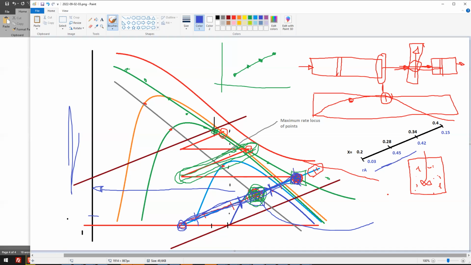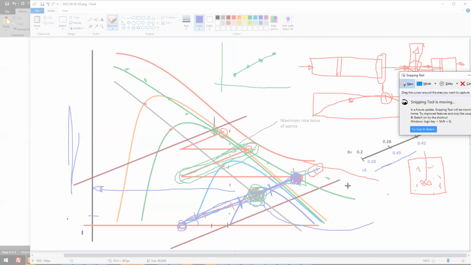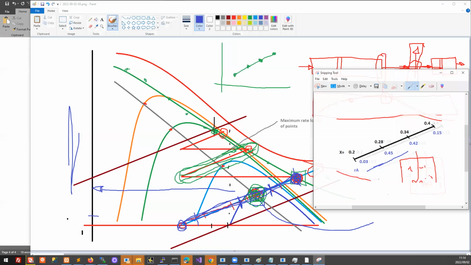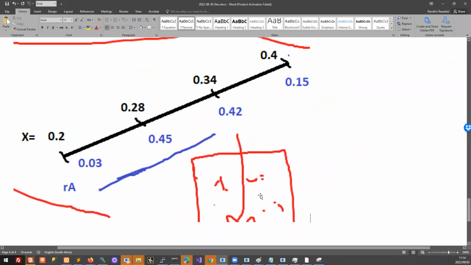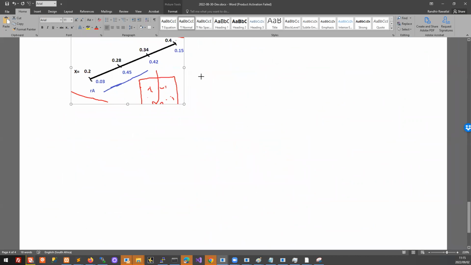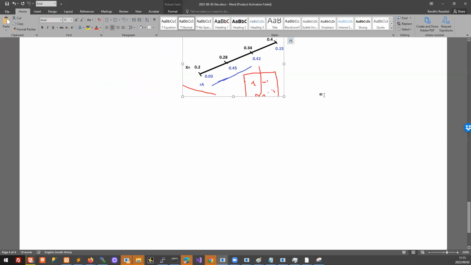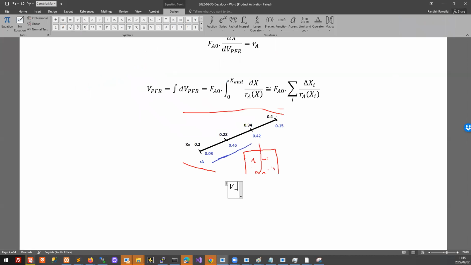Okay, so let's just copy that across so we can do the calculation. So those are chosen points. And so we would say the volume of the reactor for the PFR is approximately equal to, and then delta X, the first delta X here, well, let's write it in full.